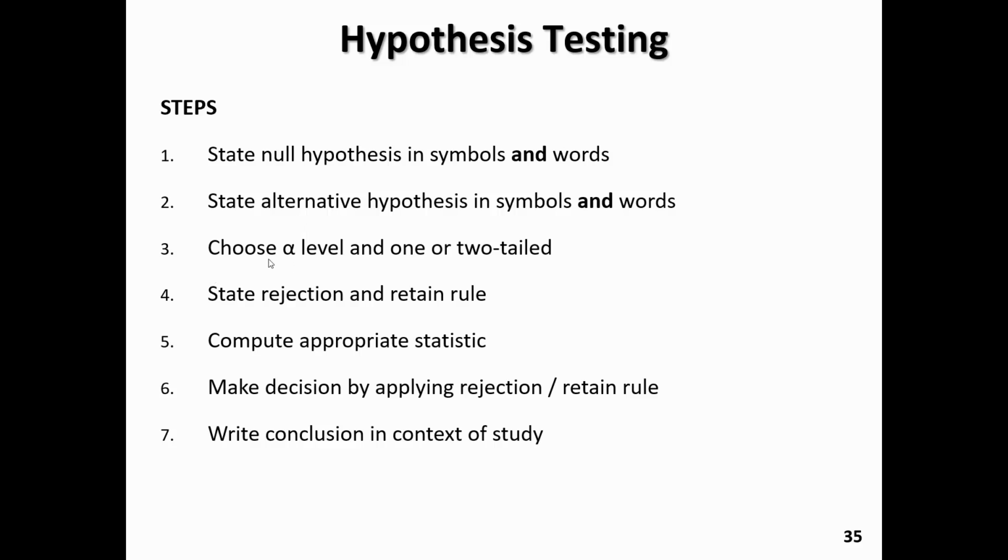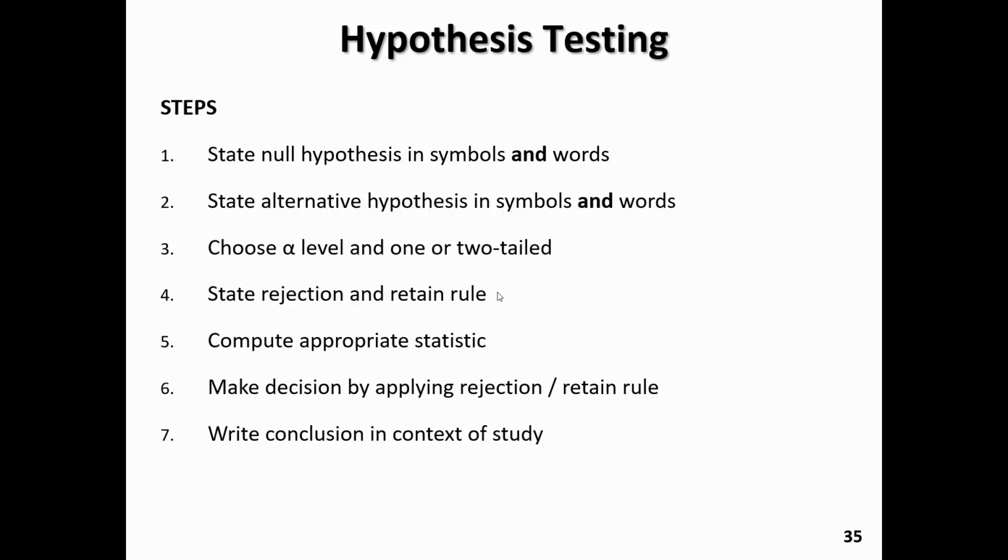We choose the alpha level, and unless stated otherwise, we typically choose the 5% risk that we are making a mistake in our conclusions. And we have to determine if we're one or two tailed. As with the alpha level, unless stated otherwise, we typically select the two-tailed approach.